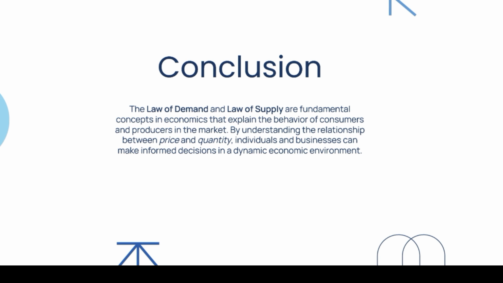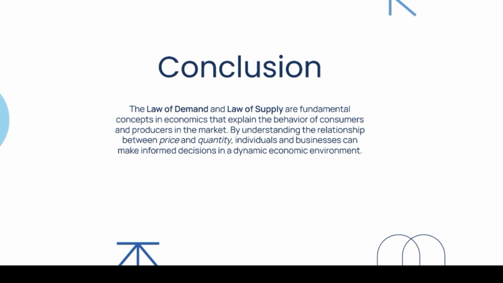So why are they important? In conclusion, why do we study the law of supply and the law of demand? As I stated in the previous lecture, economics helps us to manage our scarce or limited resources, and also helps us to make decisions at the aggregate level as well as at the firm level or the market level.